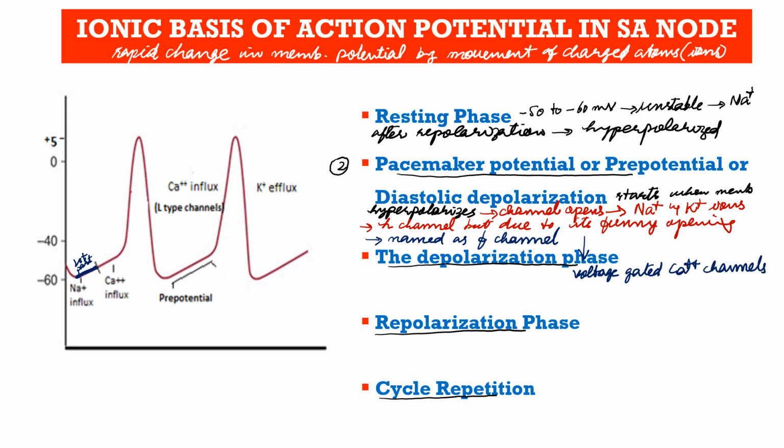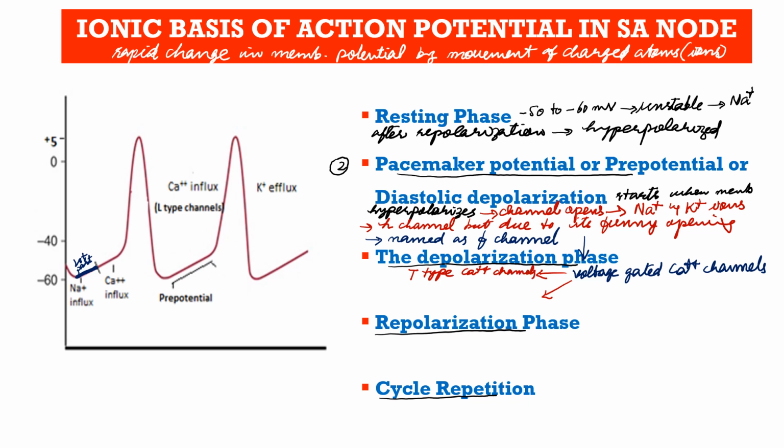There are two types of voltage gated calcium channels in the SA node. The first type is called T-type calcium channels.